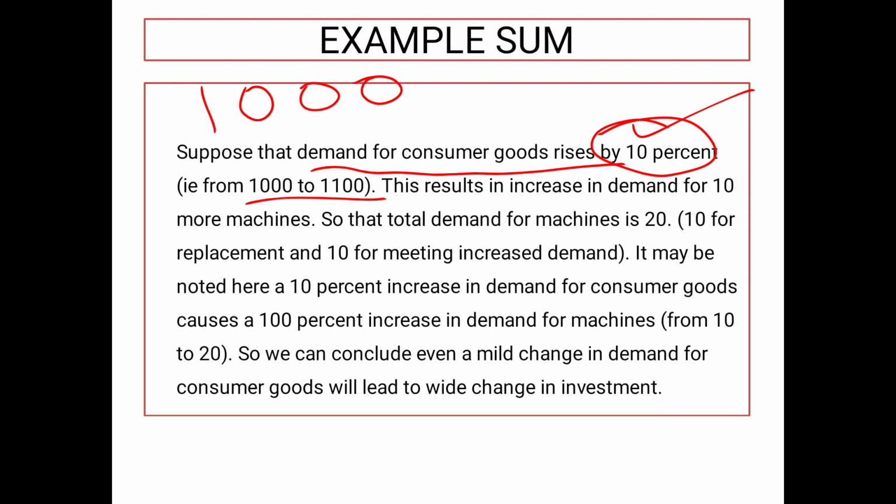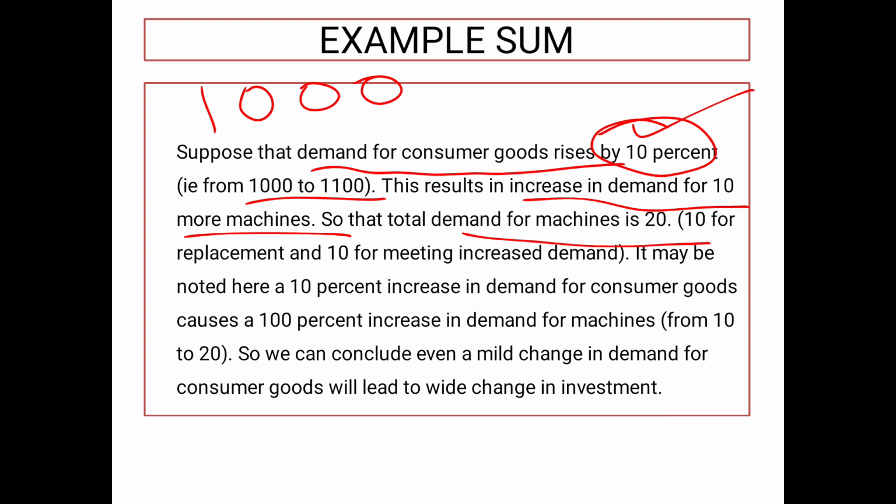So what has to be done? Already we had 10 machines. After 10 years, all of us know there will be depreciation, so there is wear and tear. The result is an increase in demand for 10 more machines. We are opting for 10 more machines, so there are around 20 machines in a particular industry.